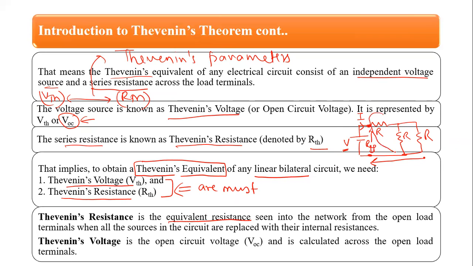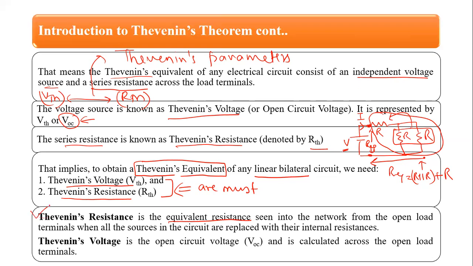These all three resistances will form R equivalent. In this case, these two are in parallel, R parallel R, and the resultant of these two is in series with this one, so plus R. This is how we generally measure the equivalent resistance.